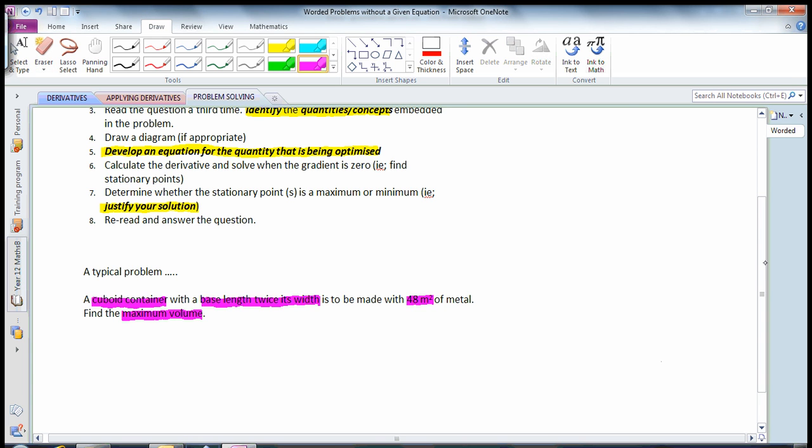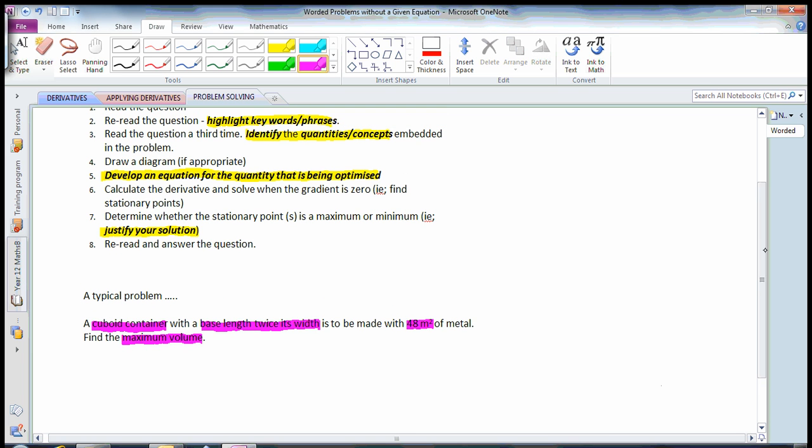Now we read it the third time, we have a look and see if we can identify any concepts or quantities that are embedded in the problem. So straight away we can see that we've got volume. Volume is an issue here. That's the thing that we're optimizing, so that's one of the quantities or concepts that we're looking at.